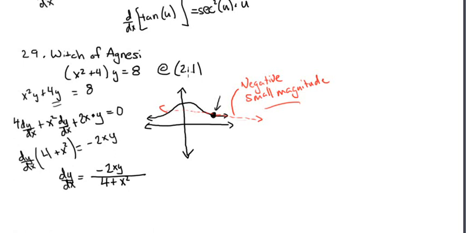And we're supposed to evaluate this at the point (2, 1), x equal to 2.